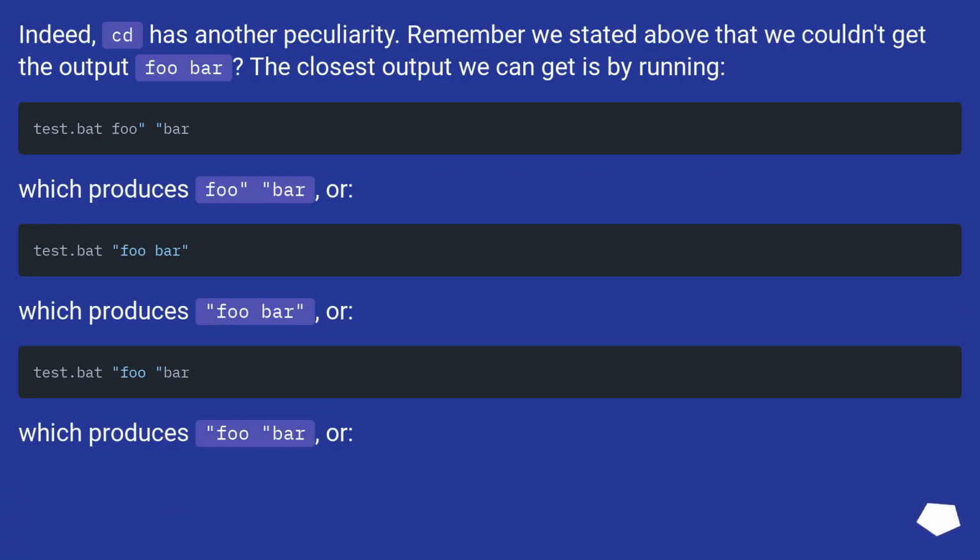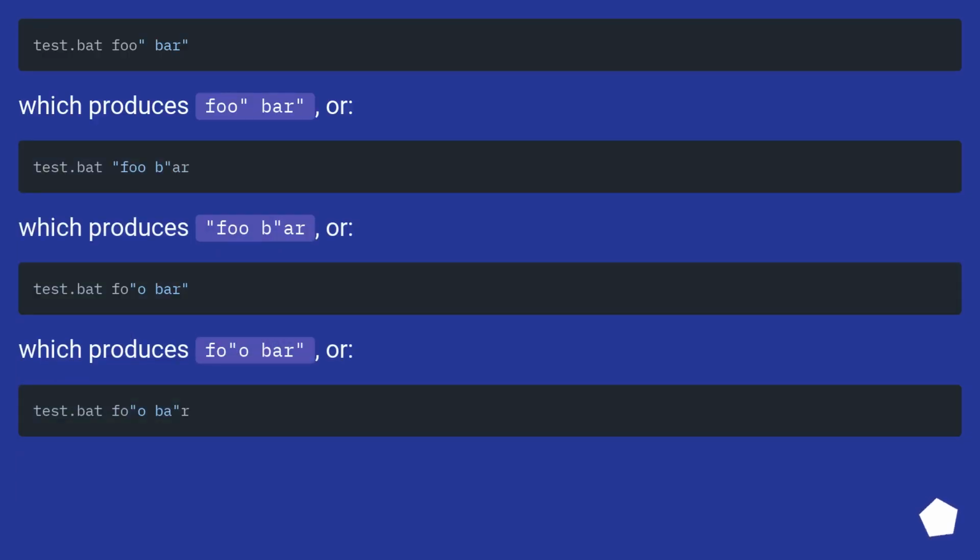Indeed, CD has another peculiarity. Remember we stated above that we couldn't get the output foo bar? The closest output we can get is by running, which produces foo bar, or which produces foo bar, or which produces foo bar, or which produces fuba, or which produces fubia, or which produces fooba.